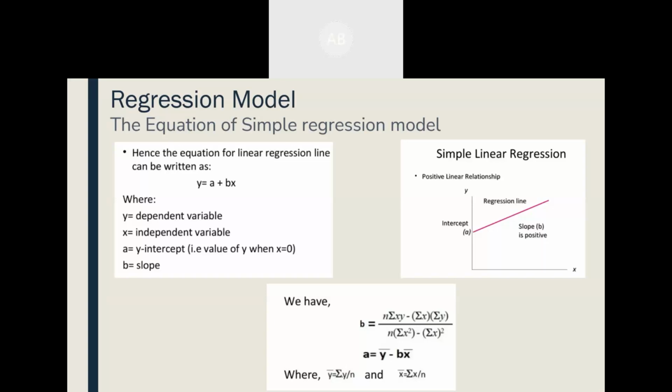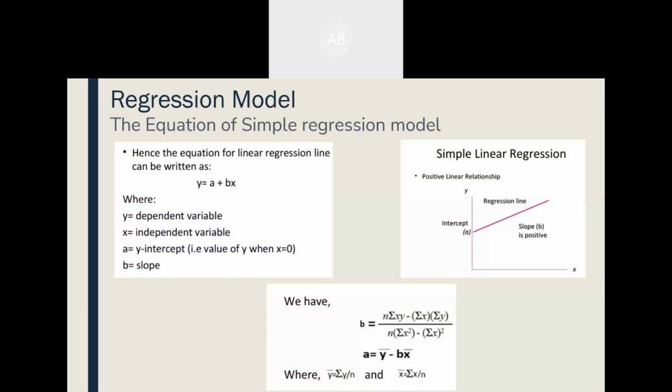You can find out how b or a can be calculated using the equation that you see on the screen below. So b is equal to the summation of x into y, n times, minus the summation of x multiplied by the summation of y, divided by the whole thing: the summation of x squared, n times, minus the square of the summation of x. Here n is the number of values.